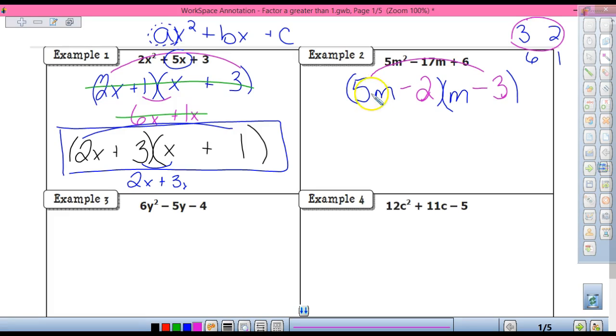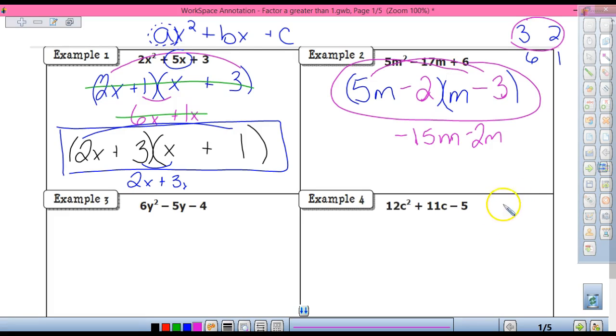So now when I multiply this, 5m times negative 3, negative 15m, and negative 2 times m, negative 2m. Does that get me to negative 17? Yes. Okay. Today on your assignment, I need to see that you checked to see if it was the correct answer. Comprende?